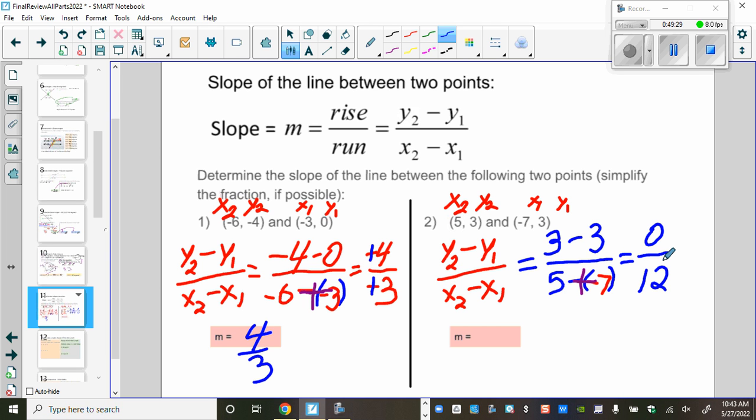If it was flipped, then you're 100% right. 0 divided by anything is 0. But if it was the other way around, then it would be undefined. But this is just straight up 0.